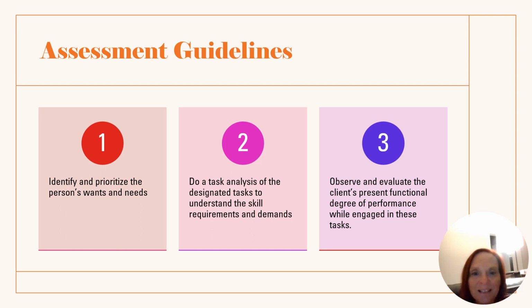You need to do a task analysis, because we're talking a lot about task here, of the designated task, and understand the skills that are required. You need to know if they have a role, what's the role and what are the tasks required for that role. You might have to do a little digging to figure that out. You may even have to go to a job site with them. You need to do a lot of observation and evaluating the client's present functional performance.